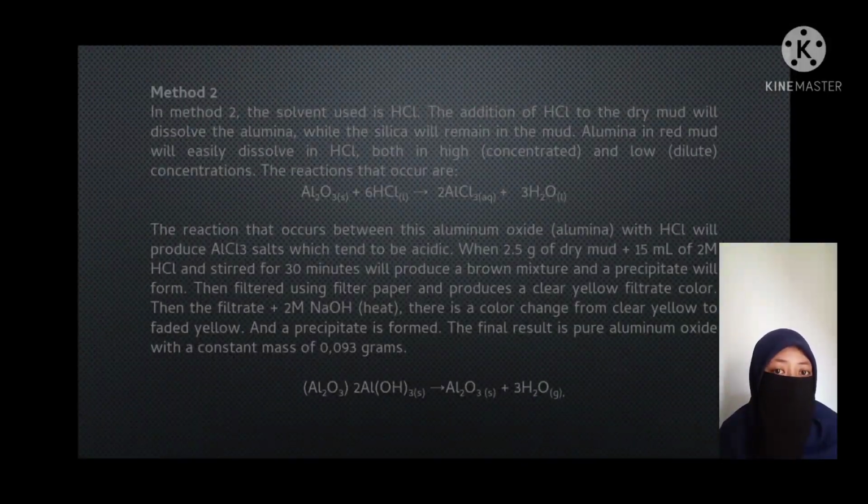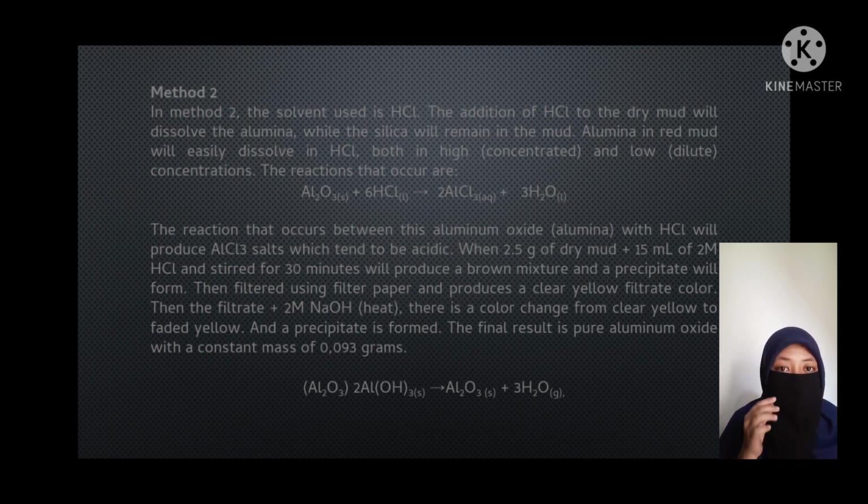Okay, next to method 2. In method 2, the solvent used is HCl. The addition of HCl to the dry mud will dissolve the alumina, while the silica will remain in the mud. Alumina and red mud will actually dissolve in HCl, but in high concentration and low concentration.